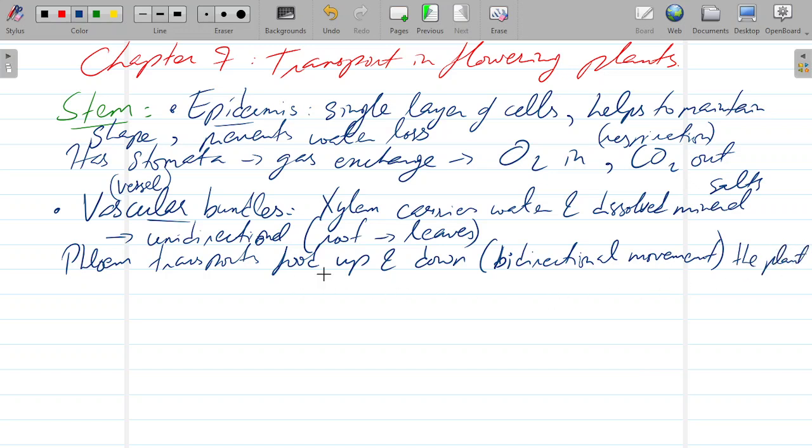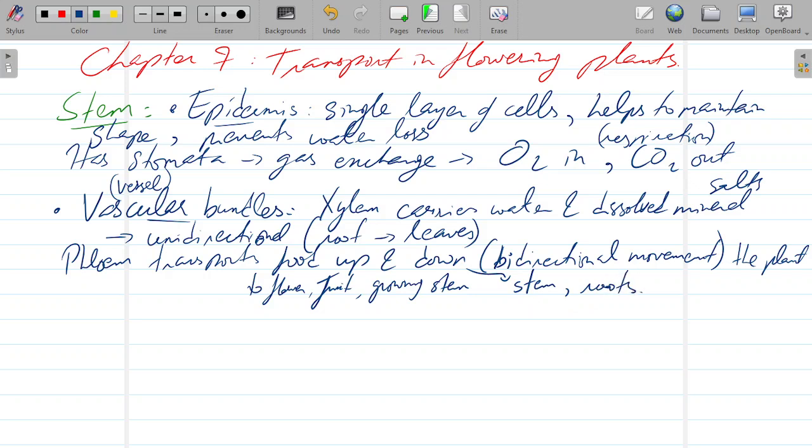So in what case would it be moving up? For example, it's taking food to a flower or a fruit, or a growing stem. How is it going to go down? To the stem itself, the roots.